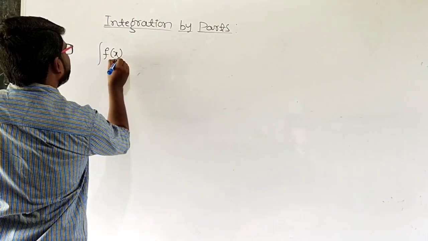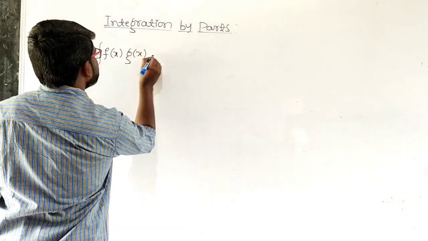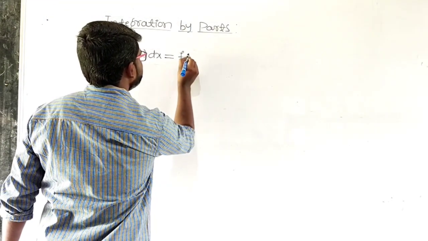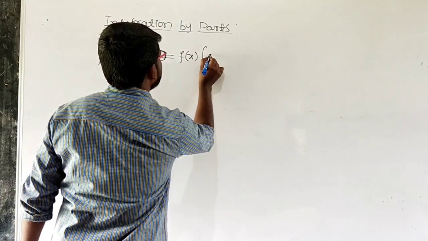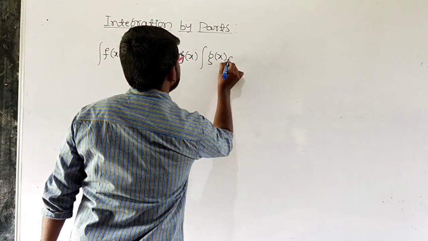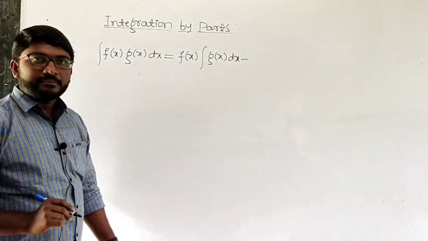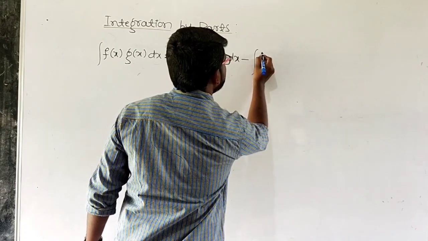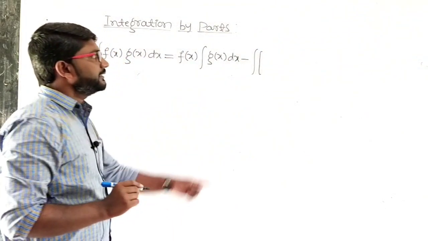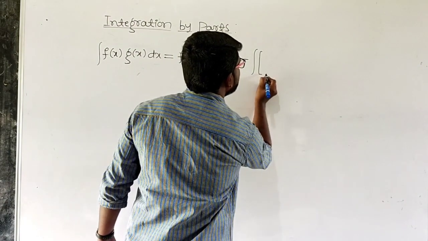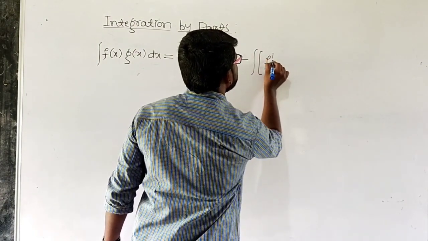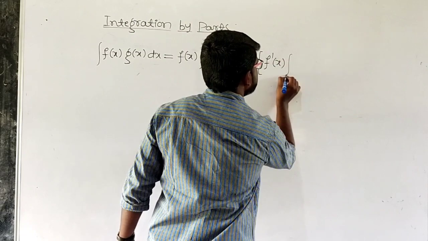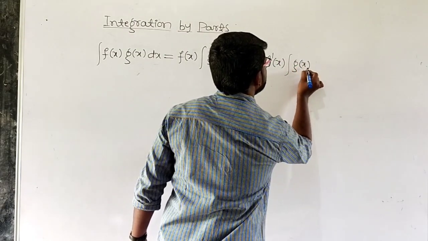It is integral f of x into g of x dx, which is equal to f of x into integral of g of x dx, minus integral, here we have to take the square bracket, f dash of x, the derivative of the first function, f dash of x into integral of g of x dx.